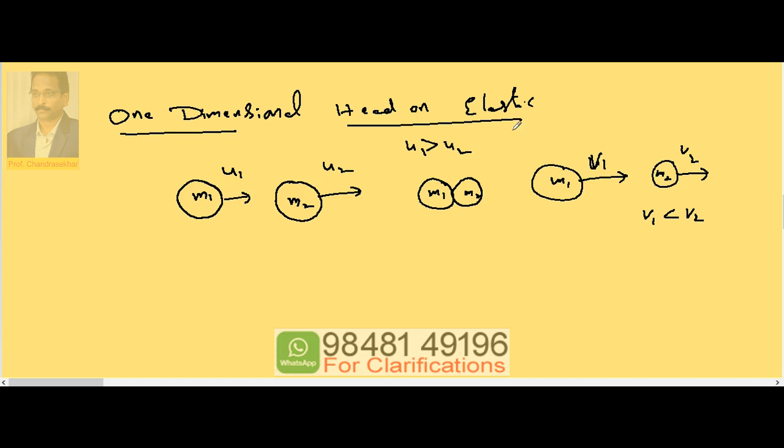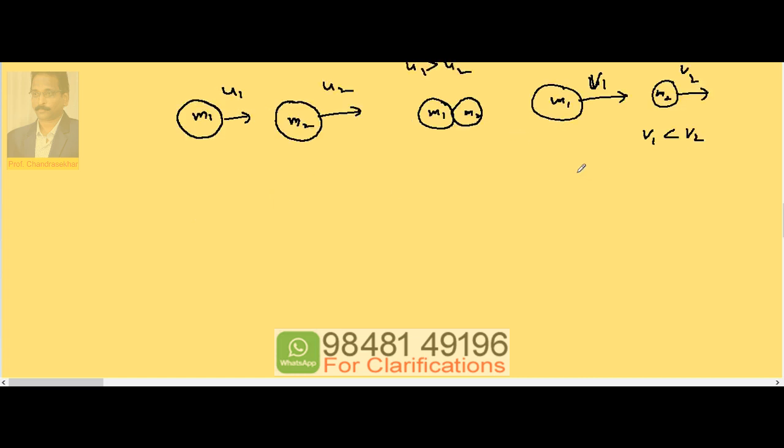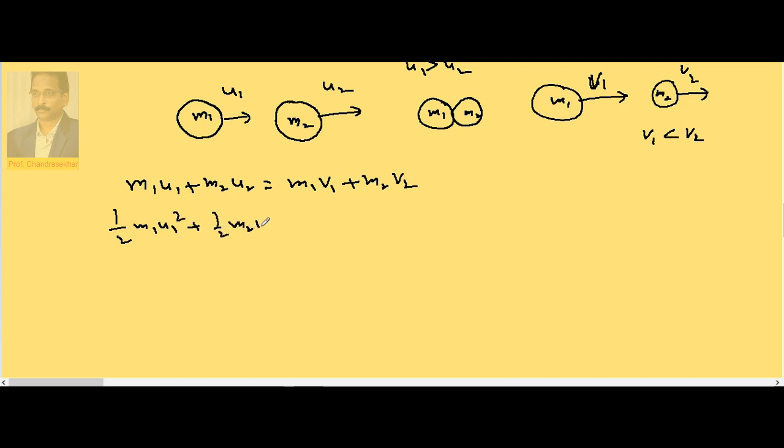If I use this as an elastic collision, I must apply conservation of momentum as well as conservation of energy. Half m1 u1 square plus half m2 u2 square is equal to half m1 v1 square plus half m2 v2 square. Equation 1, equation 2.